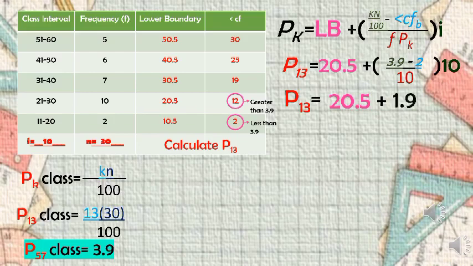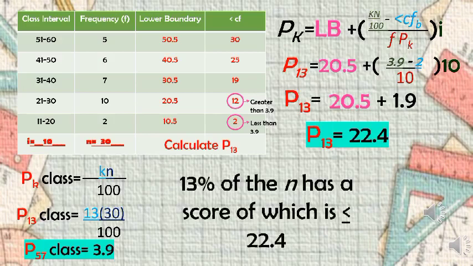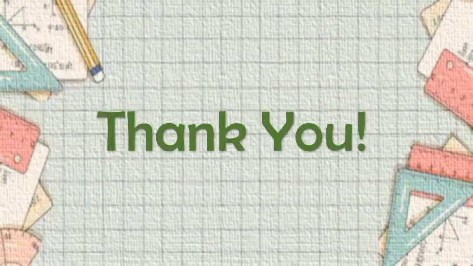Then add these two numbers. 20.5 plus 1.9 is equal to 22.4. Then percentile 13 is equal to 22.4. If we will interpret this, 13% of the total frequency has a score of which is less than or equal to 22.4.